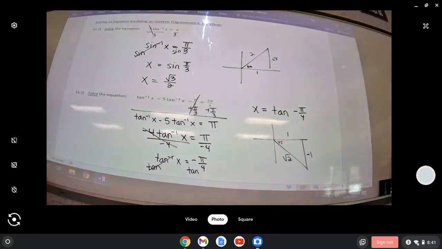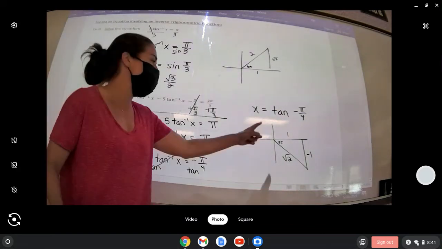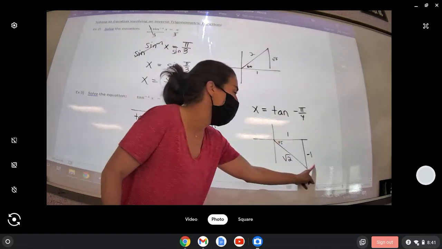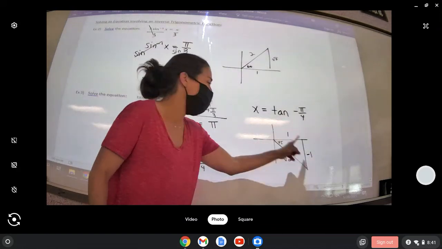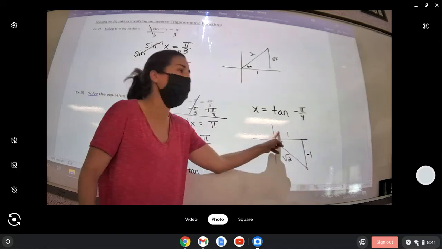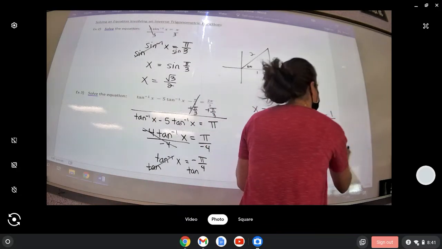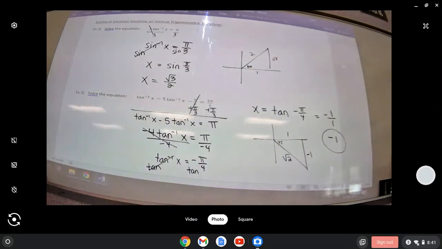So don't forget the signs. All right, and now what is the tangent of that 45-degree angle? Tangent is O over A or Y over X. It's -1 over 1, which is -1. The tangent of -pi over 4 is -1.